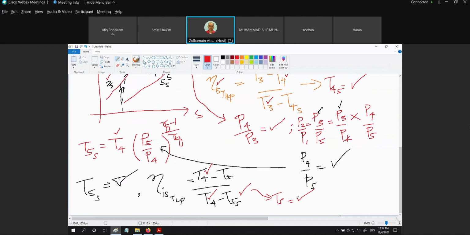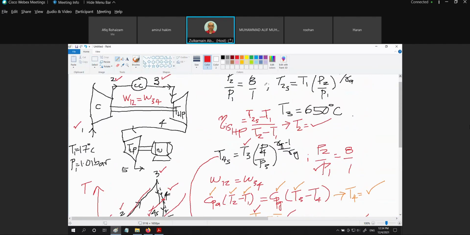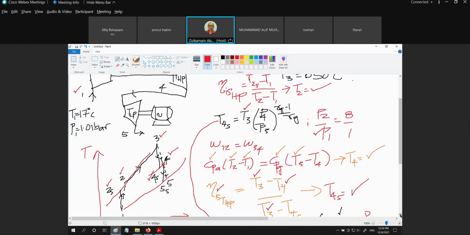So that's how we solve all the temperatures with this type of schematic diagram of the plant. If you remember, I said just now that whether we use this plant or the plant with one shaft, we are going to get the same TS diagram.